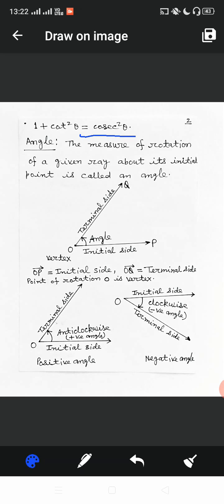Dear students, in this chapter we shall study different systems of measuring angles and the relation between them.